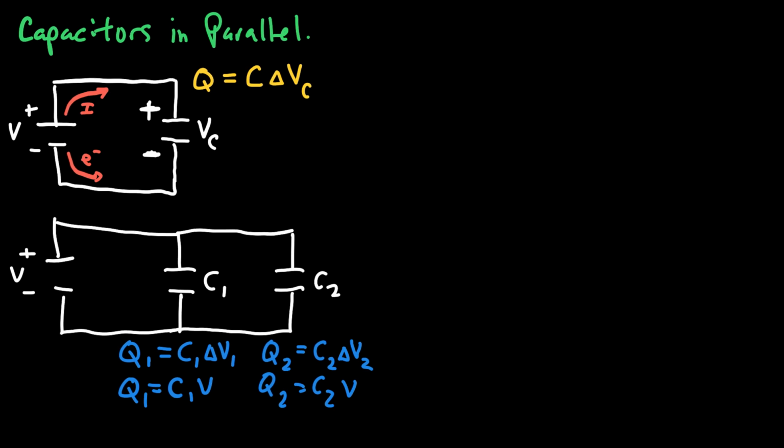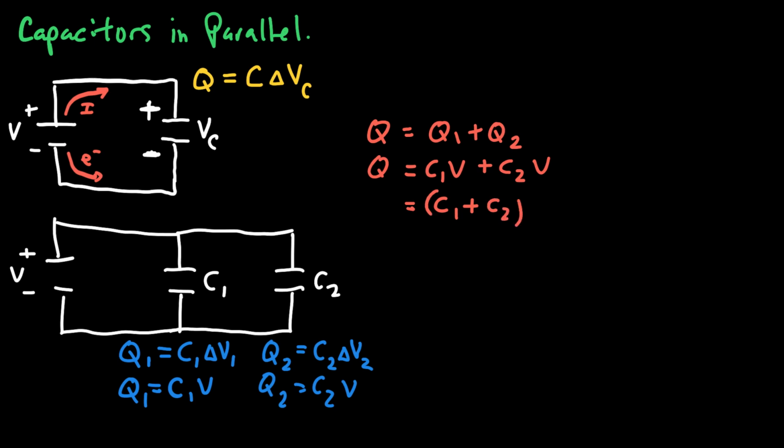And so we could express the total charge, Q, as the charge stored on the first capacitor plus the charge stored on the second capacitor, which means that the total charge stored on the capacitors would be equal to C1 times V plus C2 times V, which means that we could also write this as C1 plus C2 times the voltage V. And so the total charge, Q, divided by the total voltage, or the voltage of the battery, V, is equal to C1 plus C2.